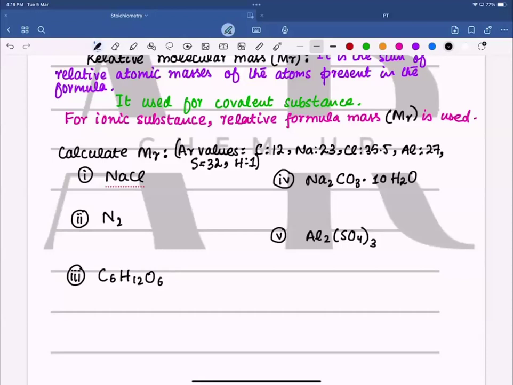Did I leave out any element? Or have I mentioned all? No, I have mentioned carbon. Yes. So we use these values.